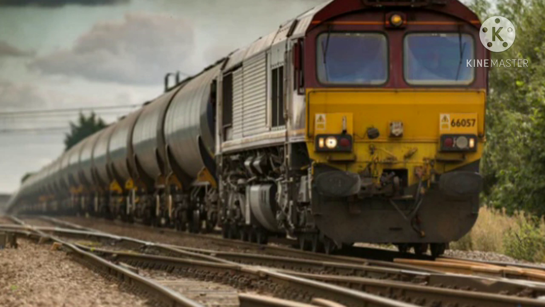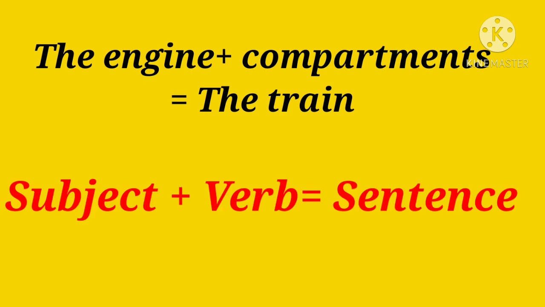And among the compartments, one word is very important. That is just next to the engine. In English, that engine is called the subject. Just next to the engine, that is the verb. At least a subject and a verb make a sentence.